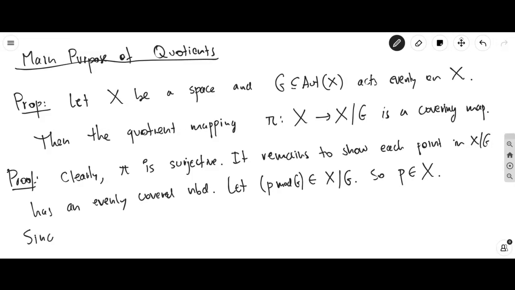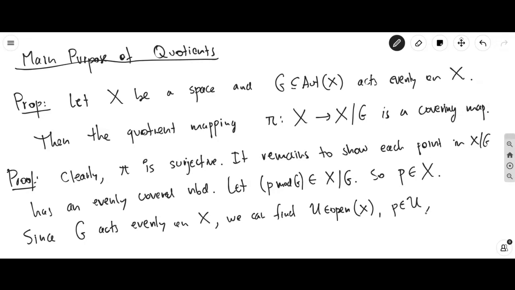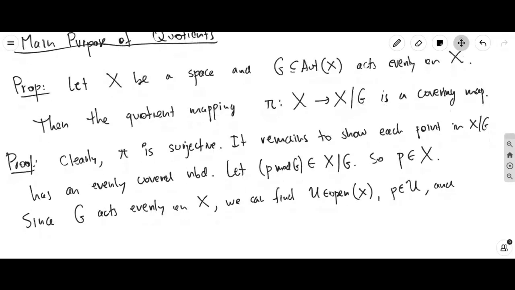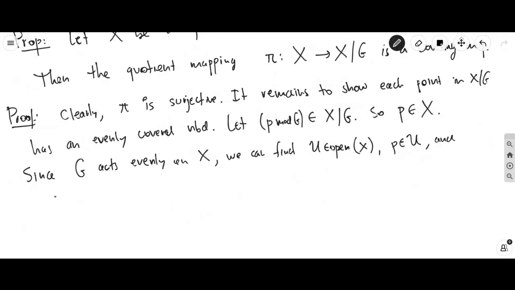Now, since G acts evenly on X, we can find an open set in X that contains the point and whose translates are disjoint.